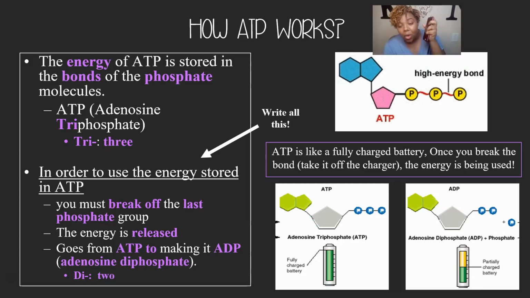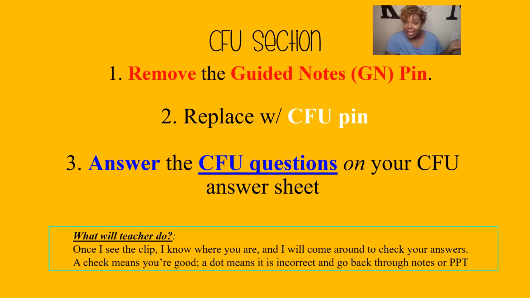But what happens as soon as you take the charger off? Your phone begins to use that energy and your battery decreases. It's the same like that. ATP is stored, like, I've got so much energy. But as soon as you take that charger off, that energy drains. As soon as you break that charger from your phone, the energy begins to be used. That's all it is.